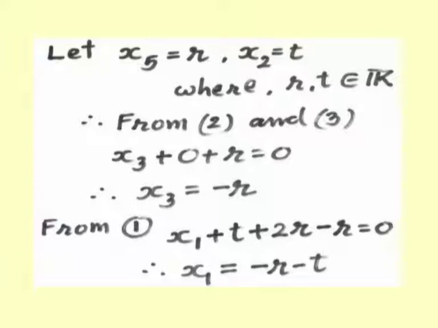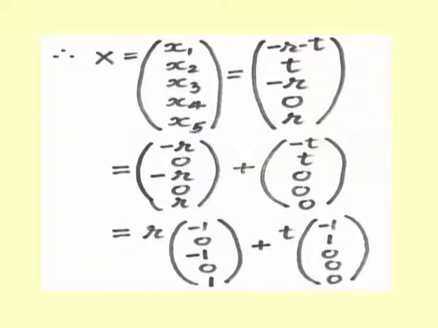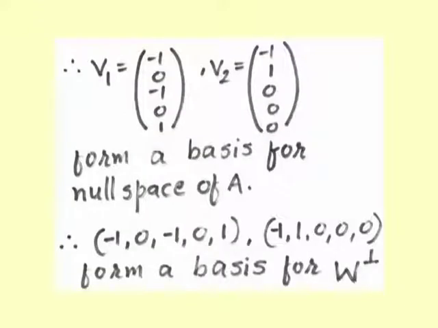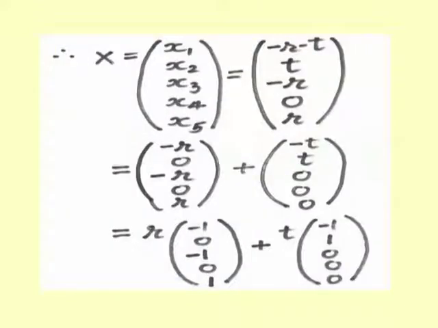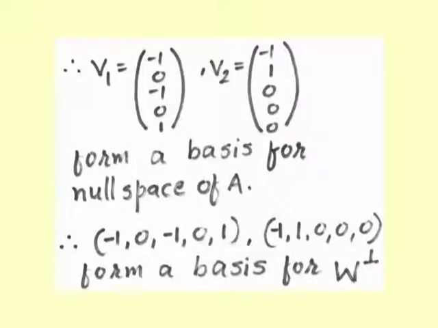Take x2 equal to t and x5 equal to r. You can write the solution in this form. Then these two vectors v1 and v2 form a basis of the null space of A, and that's why, when you write these in row form, the matrix forms a basis of W complement.